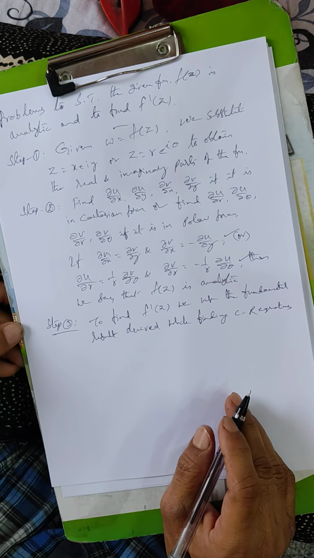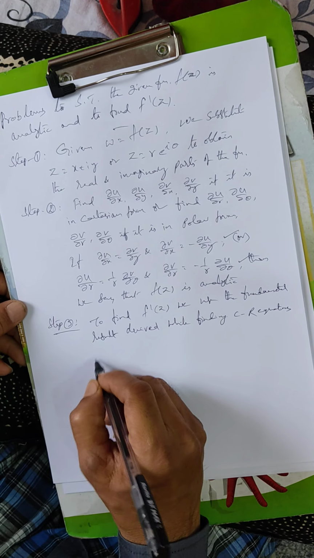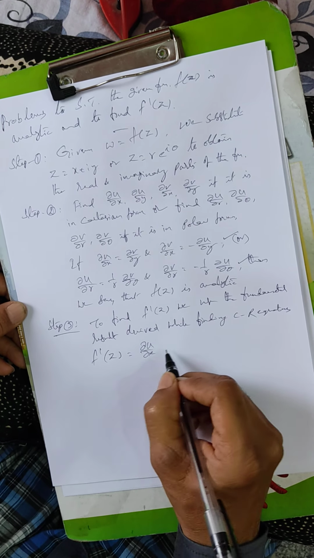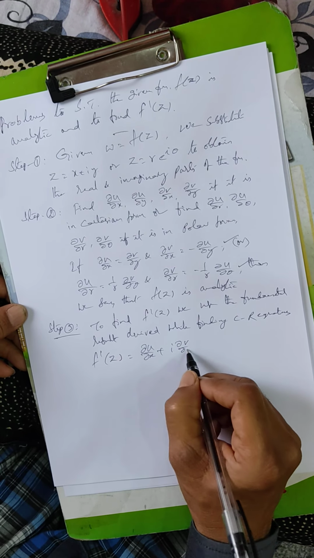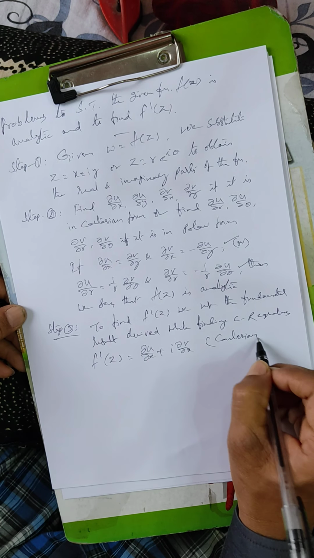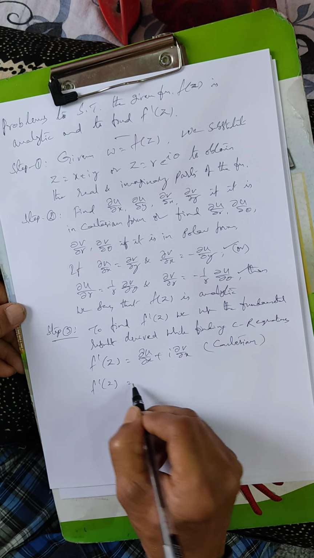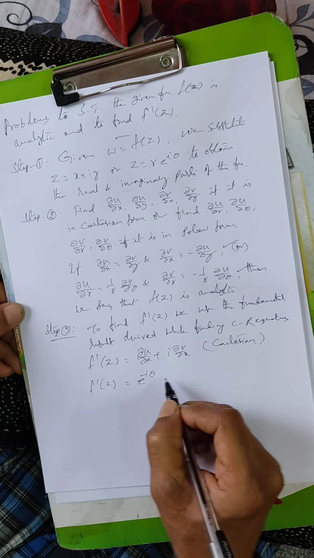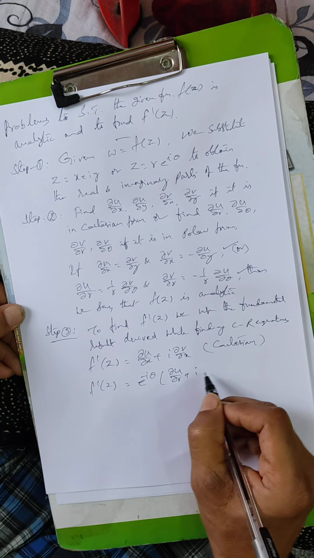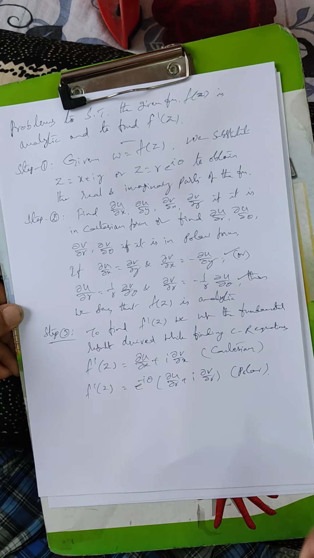Particularly, you see equation 2: we have f dash of z equals ∂u/∂x plus i ∂v/∂x for Cartesian form, and f dash of z equals e power minus iθ into ∂u/∂r plus i ∂v/∂r for polar form.